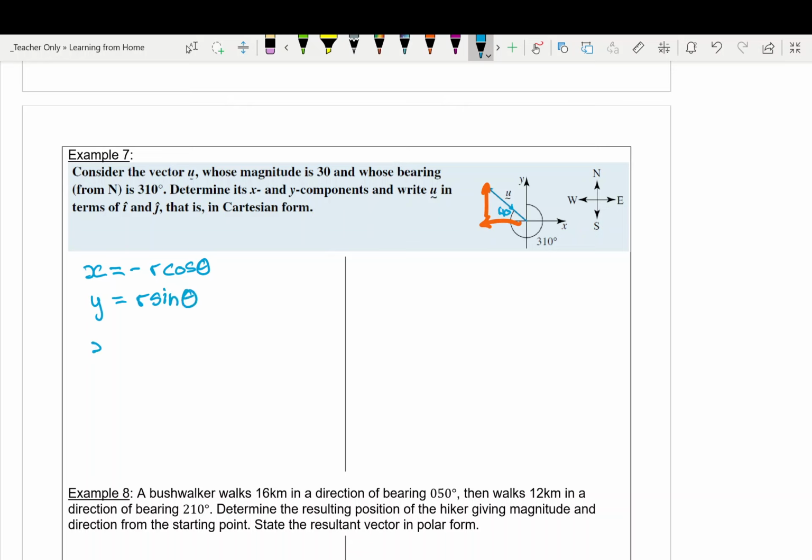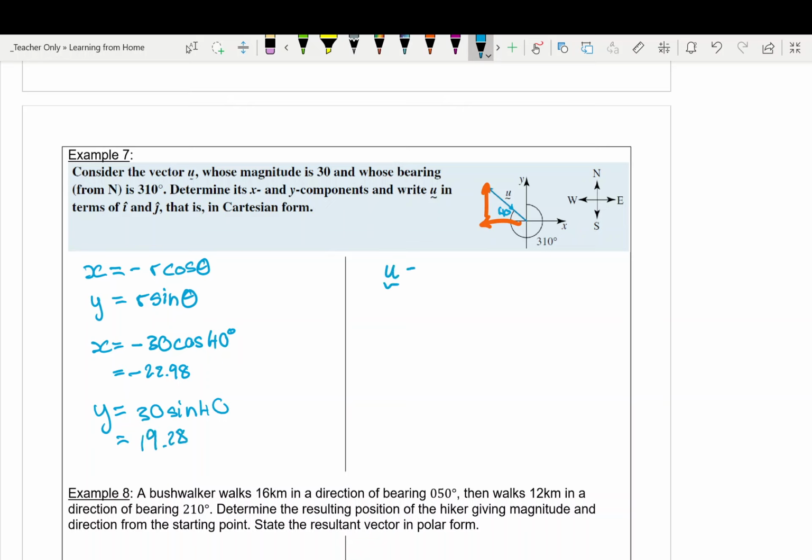And in this case, our r is 30 and our theta is 40. So that is going to give us negative 22.98. And y is going to give us 30 sine 40, which is 19.28.